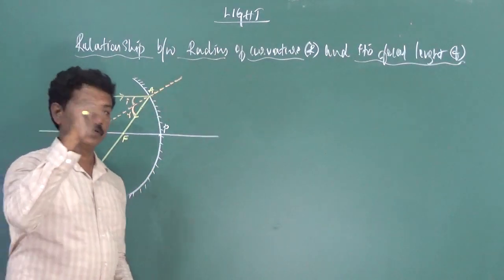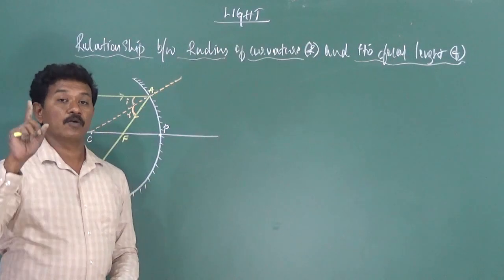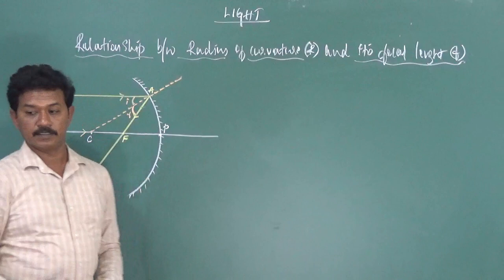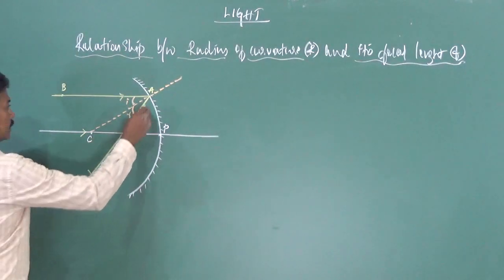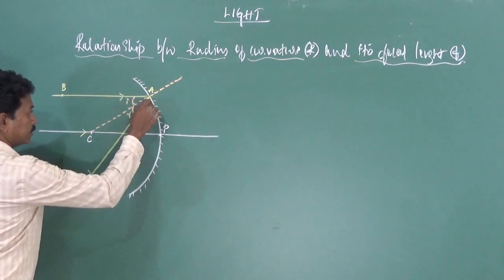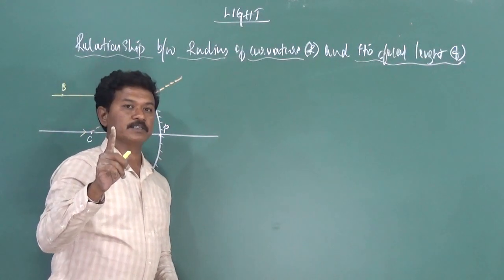As I told you in the previous classes, the laws of reflection are obeyed by plane mirrors as well as spherical mirrors. Sir, it is a spherical mirror, light falls on it, how are the laws of reflection applied? I will tell you one very important statement.